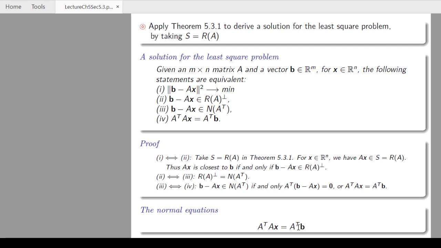A is m by n, so its transpose is n by m. The transpose of A times B is n by 1. That means the normal equations actually contain n equations.